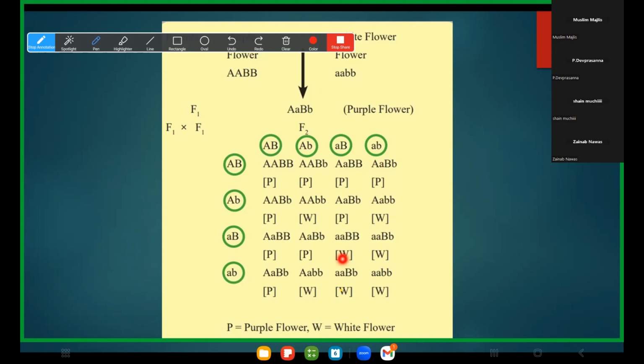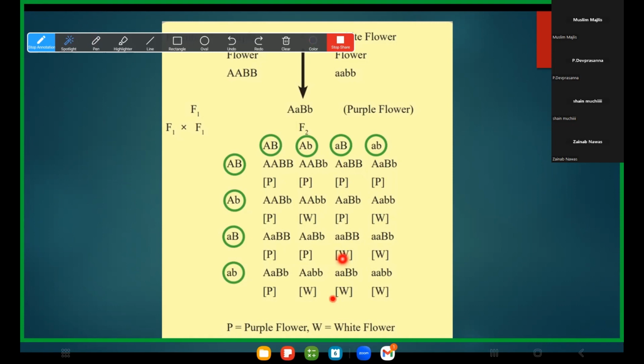So wherever both the alleles are present as dominant, they would be considered to be purple color. And wherever they express a recessive gene, even if it's just a single one, as in this situation, where they only have simple a for one allele, a simple recessive character, that would give us white color.